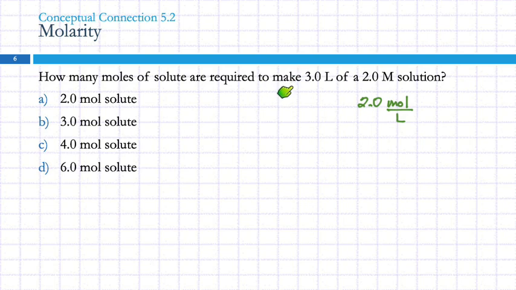We want 3 liters, and there are 2 moles in each liter, so we need 6 moles. Any questions? What we'll see very soon is that molarity is a very nice conversion factor between moles of solute and volume of solution.